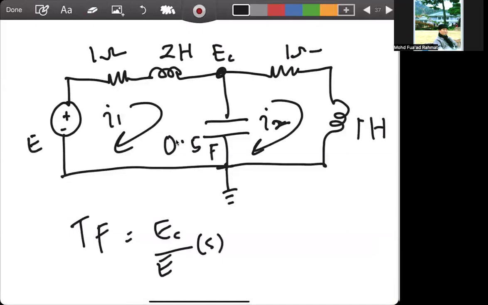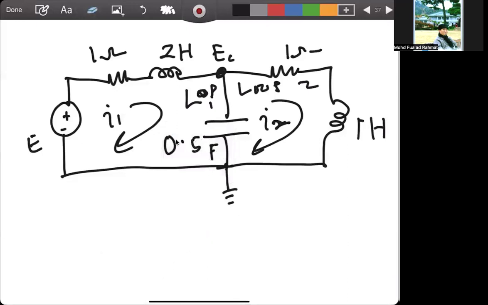So we have two loops here, which is loop 1 and loop 2. Okay. So we write the equations, which is loop 1.